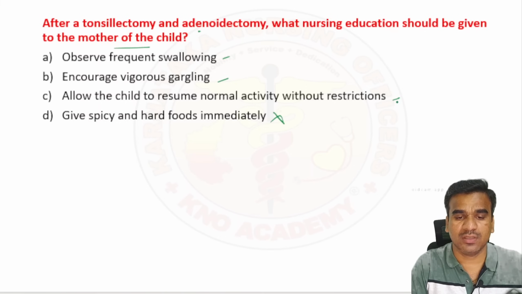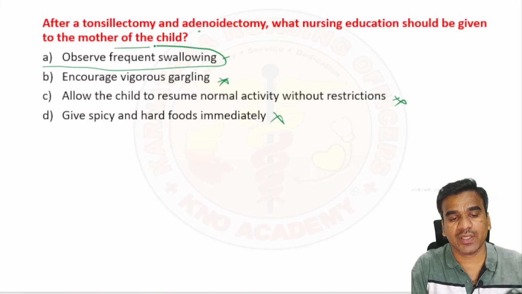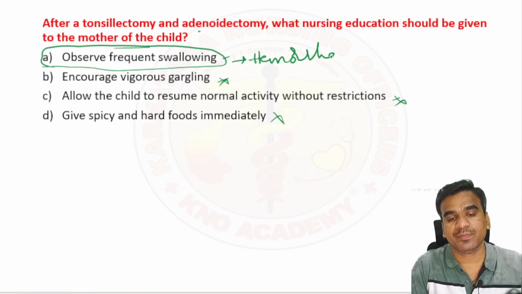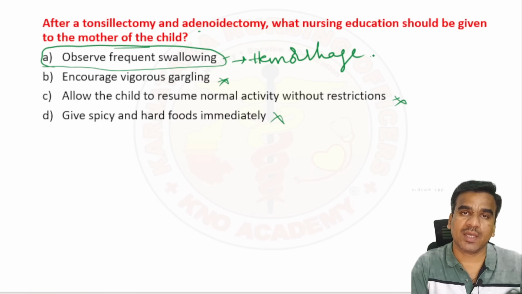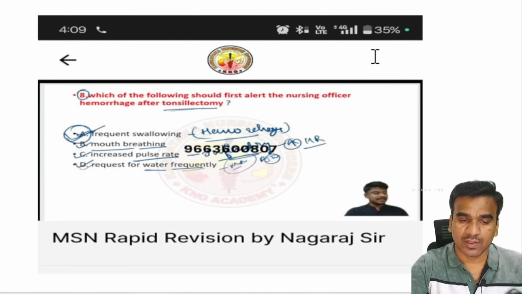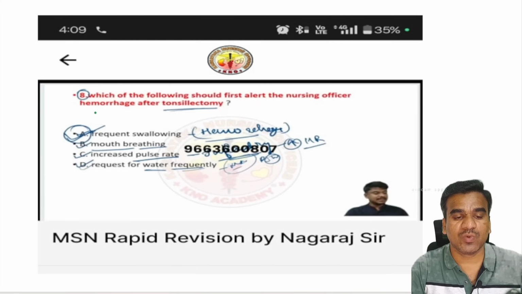No, these are not correct and should not be encouraged. We have to observe frequent swallowing to assess for hemorrhage. The same question was asked by Nagaraj sir in the KNO Academy app, so we can see the same option.